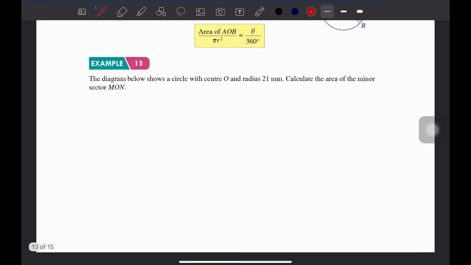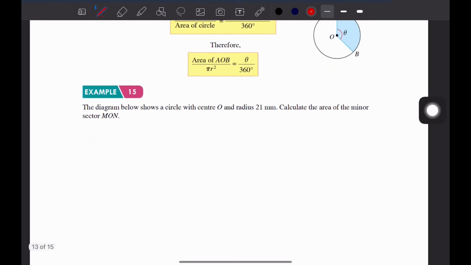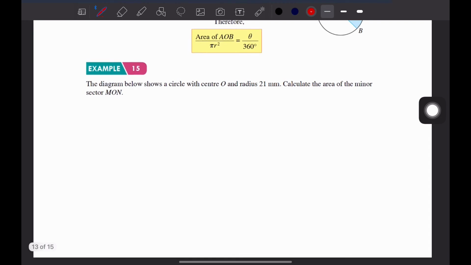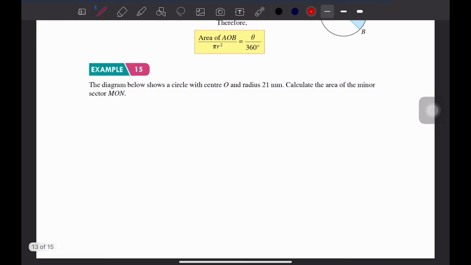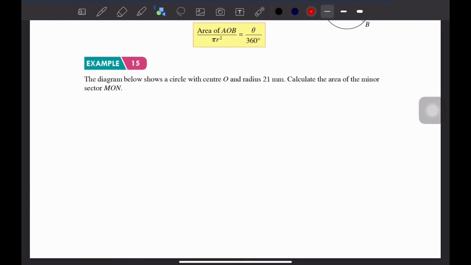So example 5. The diagram below shows a circle with center O and radius 21. Calculate the area of the minor sector. Sorry, I forgot to put the picture of the circle. Never mind, I will draw it for you. So you have a circle, you have a center.